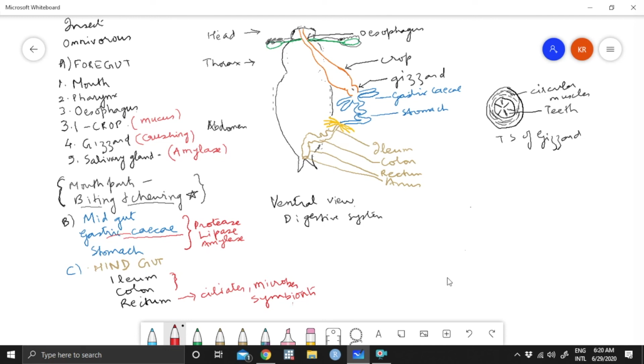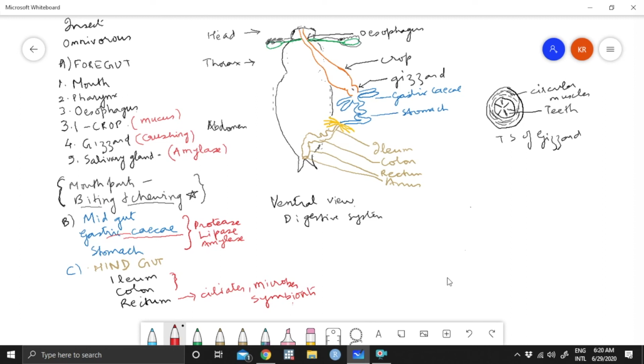They digest the food that they are not able to digest. And in the rectum it is also very important that the excess water gets reabsorbed, and towards the end will be the anus, through which the undigested food will pass out in the form of a paste.